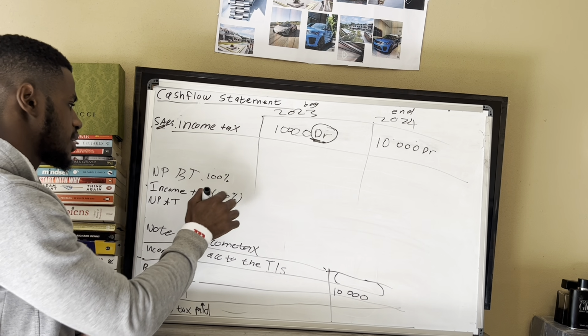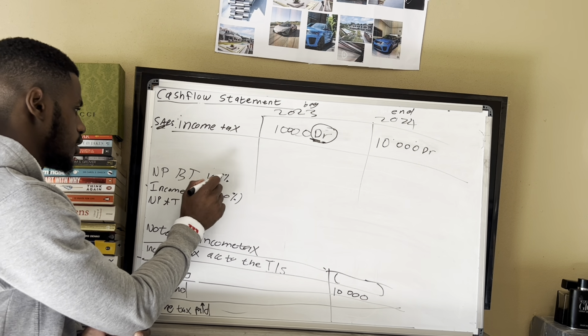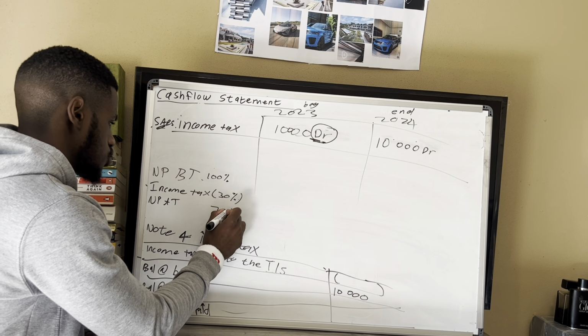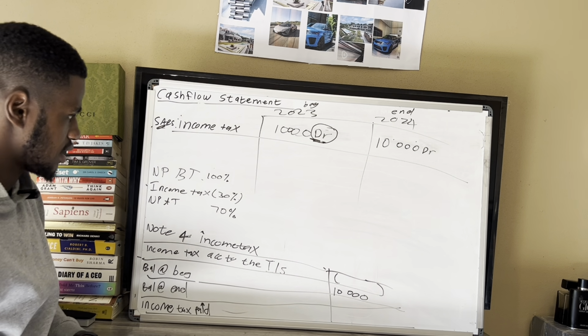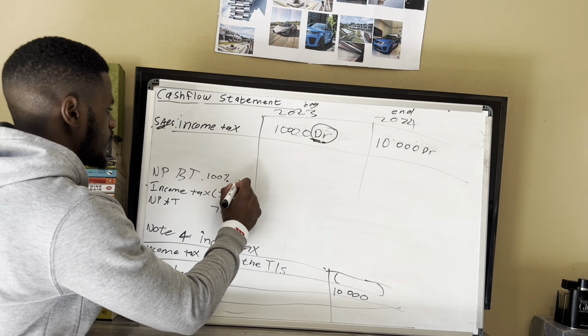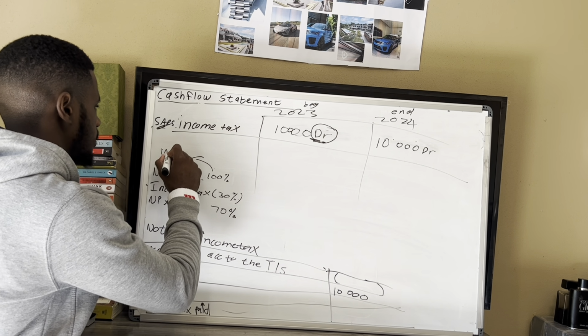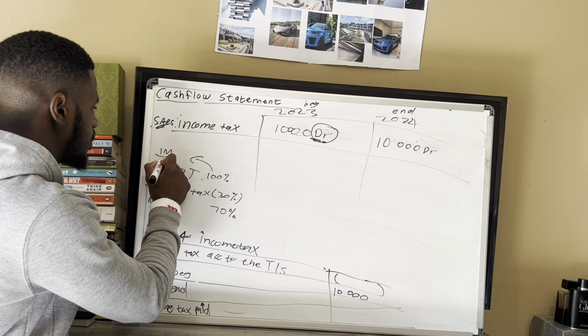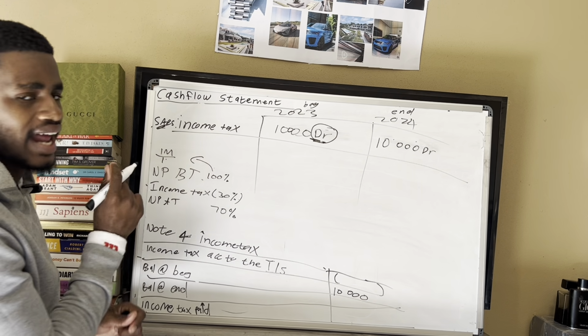Sometimes maybe you will be given something different, but usually it's 30% or 28%. So if this one is 100%, this is before the tax is taken, then 30% is taken off the tax, which means that this will be 70%. Then here you will play with your figures again now. If the net profit before tax, for example, was 1 million, you will say 1 million divided by the percentage. The formula is you take the amount you are given.